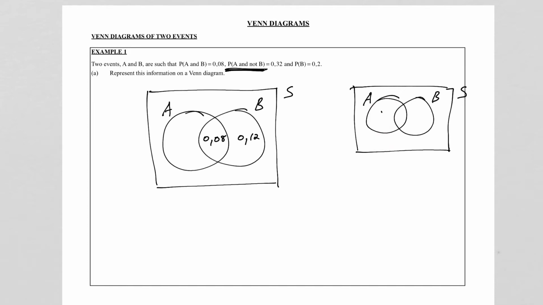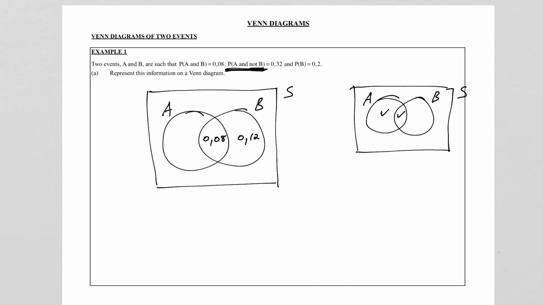So I'm going to use little ticks to indicate this. So the probability of A will be here and there. And then that not B, which is this and outside.